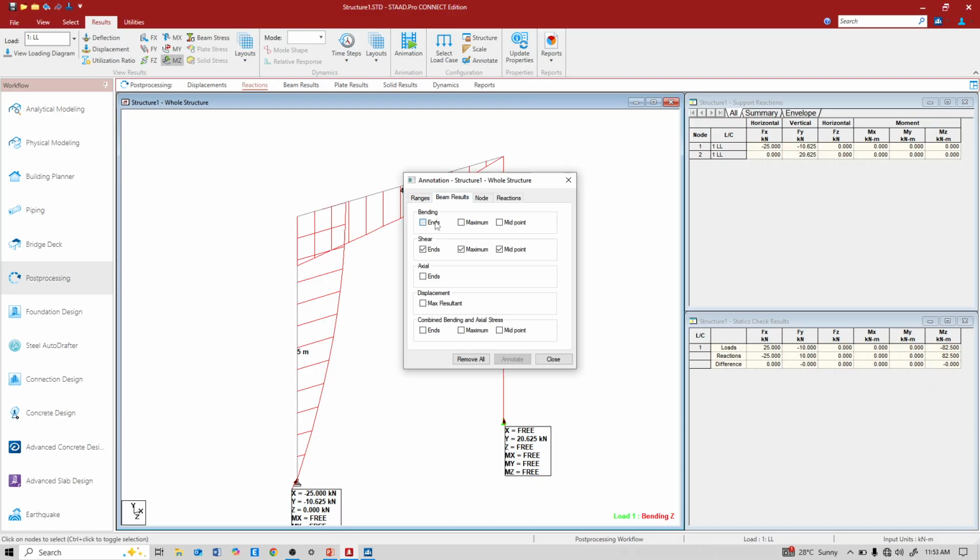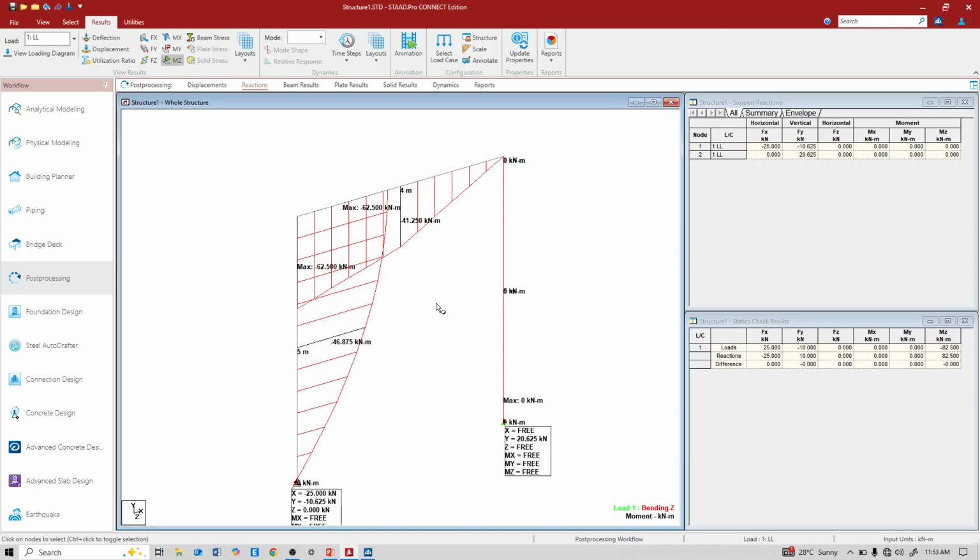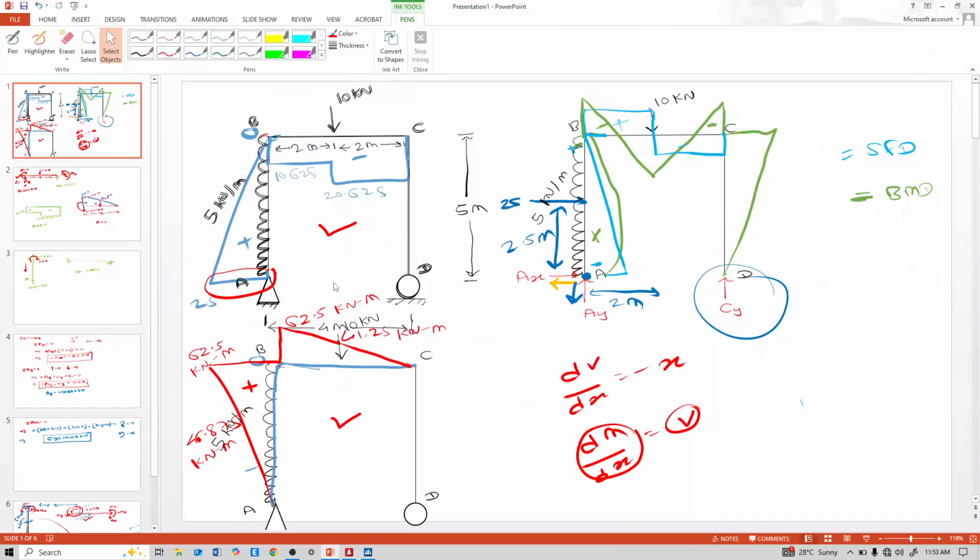Go to beam result, annotate, okay, close. First see values, 46.825, yes, 62.5, yes, 41.25 and here 62.5. So now it is correct.